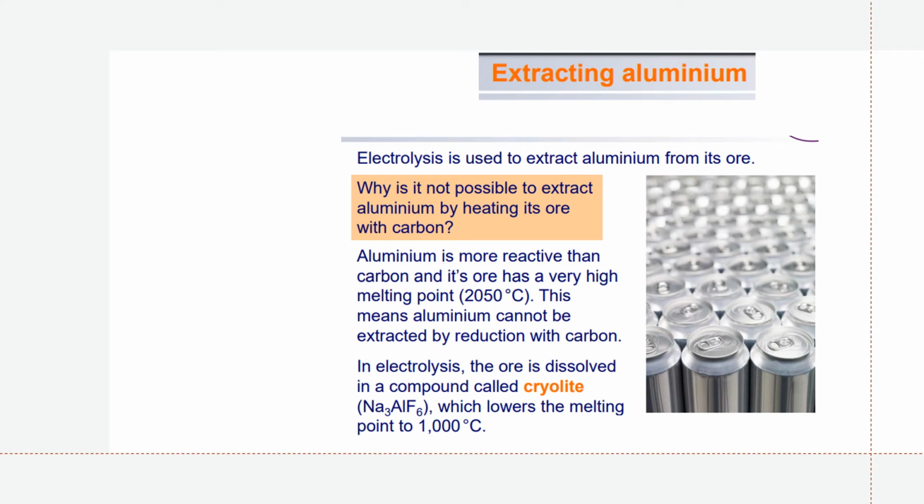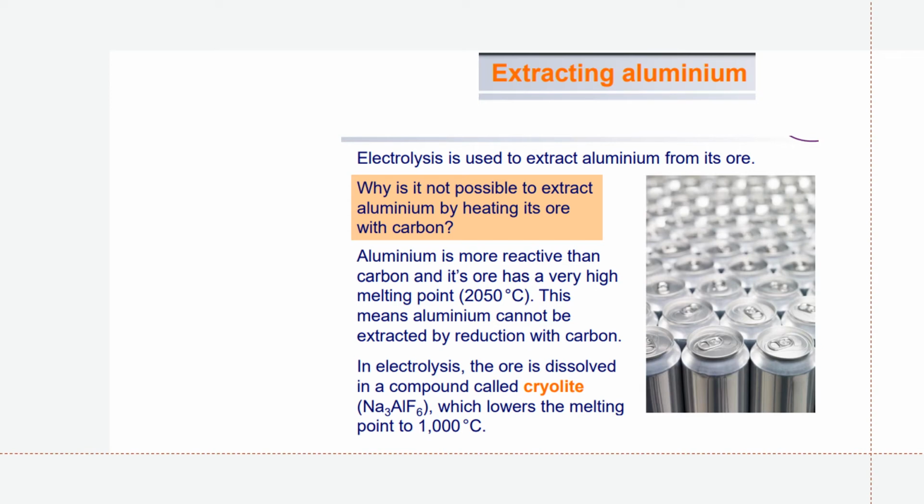Extracting aluminium uses electrolysis from its ore. Why is it not possible to extract aluminium by heating its ore with carbon? Aluminium is more reactive than carbon, and its ore has a very high melting point, 2050 degrees Celsius.